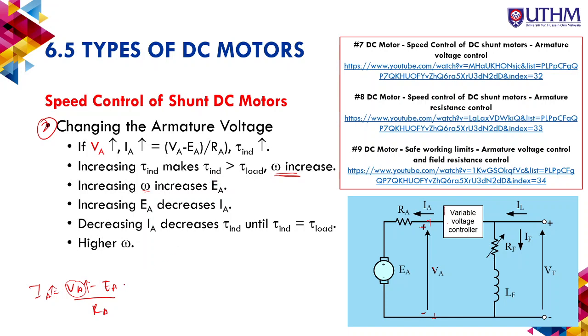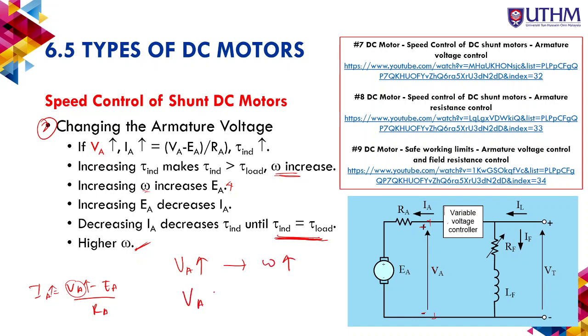Then when EA increases, IA will decrease, and the torque will decrease until they reach the steady state condition, now with a higher speed. So by increasing VA, the speed increases.